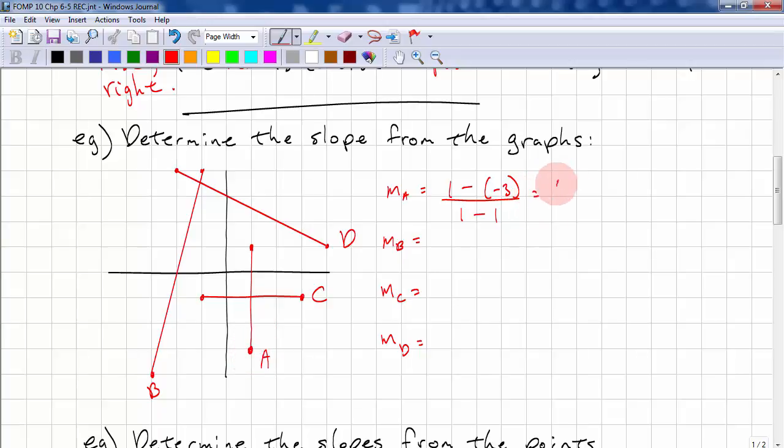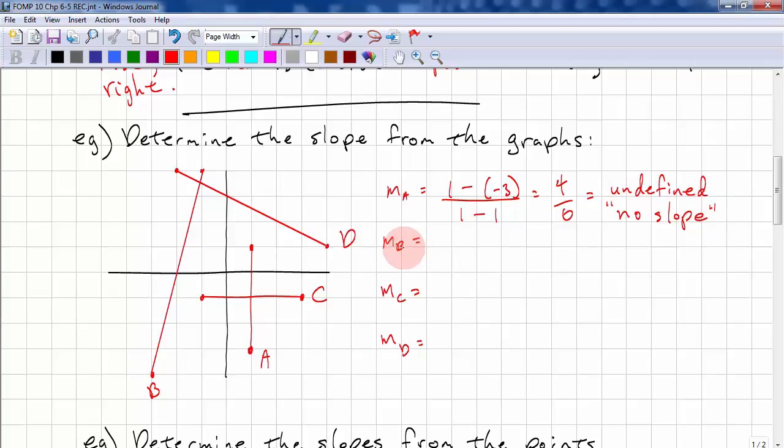We simplify this, we get 4 over 0, and 4 over 0 is undefined. But we don't want to say undefined slope, we just say no slope.